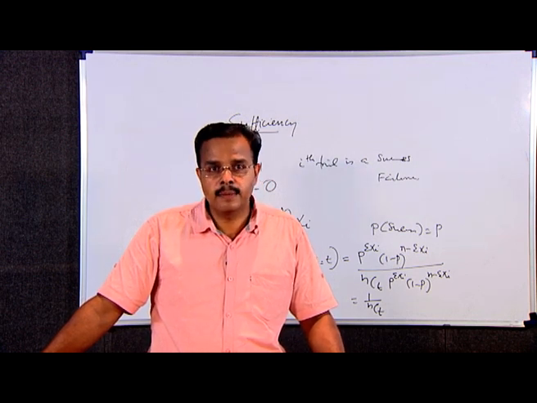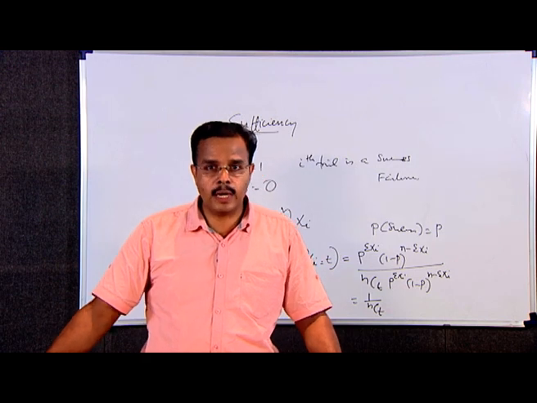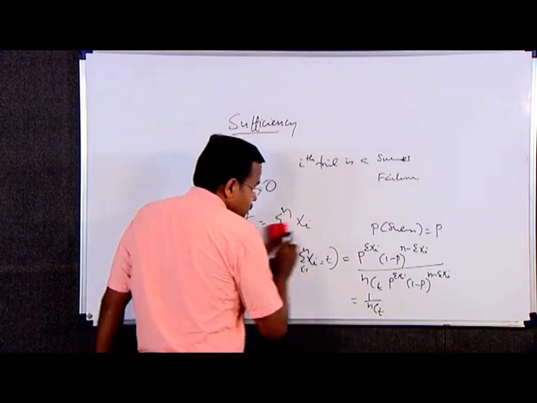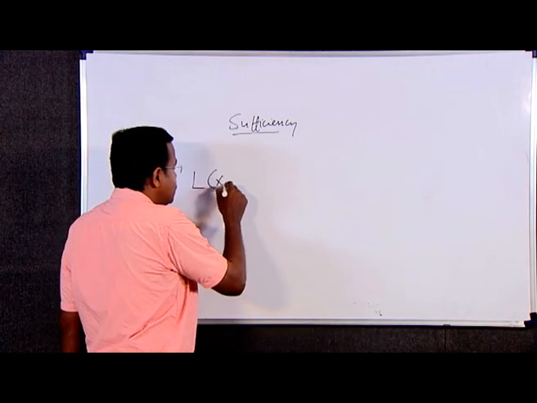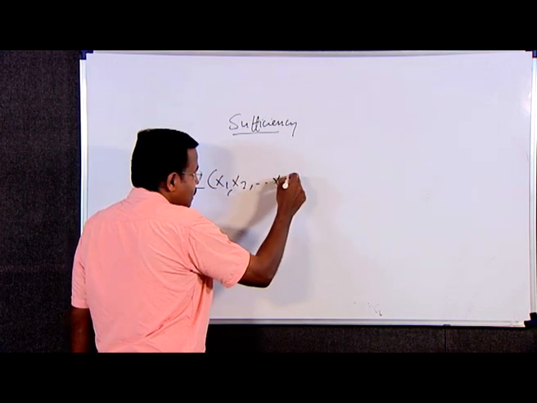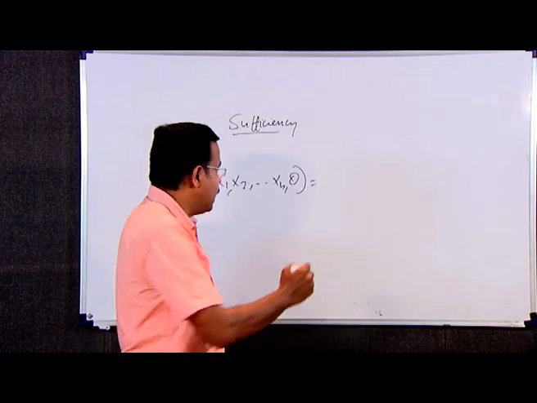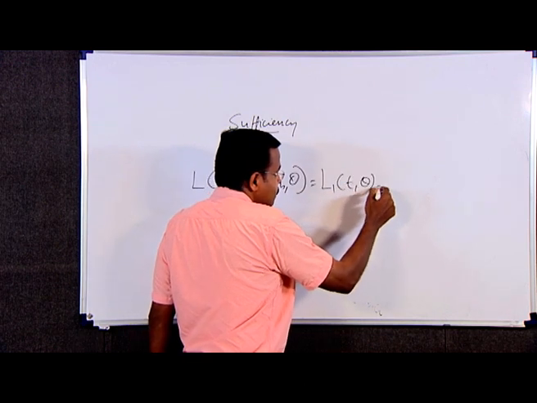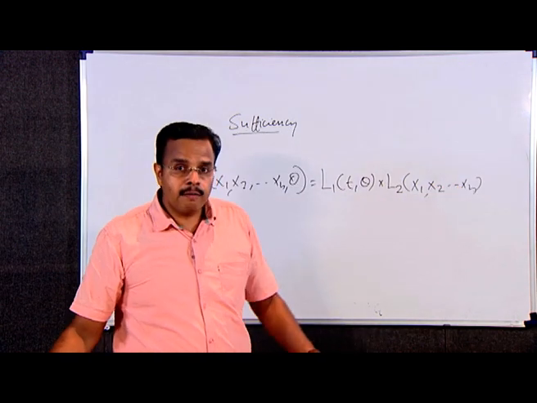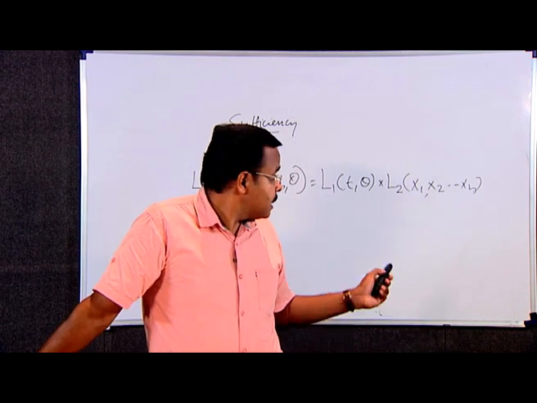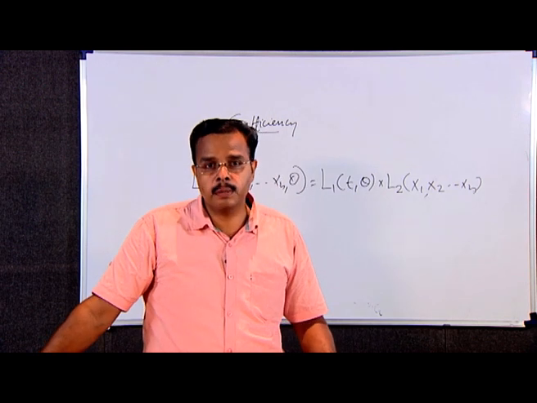Then the statistic T is a sufficient estimator of theta if and only if it is possible to write the likelihood function L of x1, x2, etc. xn, theta as a product of two functions, L1 of t, theta into L2 of x1, x2, etc. xn, where L1 is a function of the statistic and the parameter alone, and L2 is a function which is independent of the parameter theta.